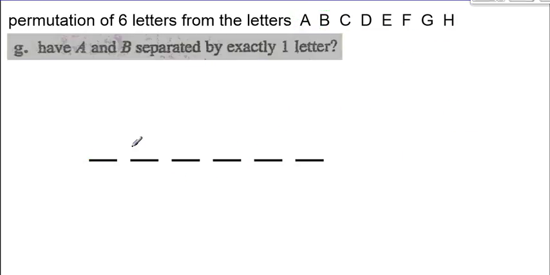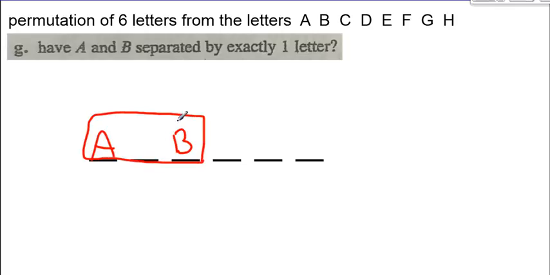A and B separated by exactly 1 letter. Okay, so let's think about what that would be. So I'm going to start by putting A here and B here and saying, okay, well, there's that big triple word, and A and B. So I've got A and B, and there's 6 letters left. So what letter goes between them? Well, I have 6 choices as to what goes between them.